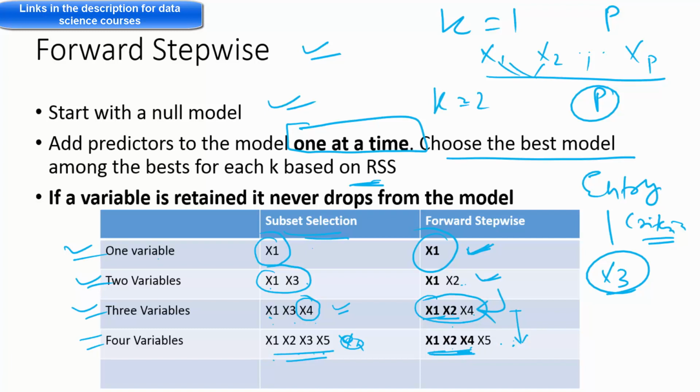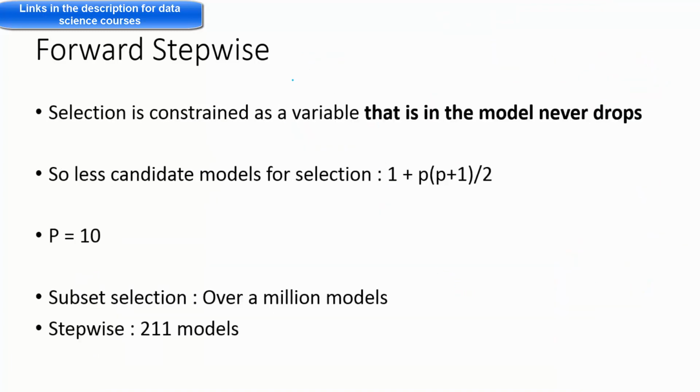So here the three variable model is just a subset of the four variable model. Second, the two variable model is a subset of the three variable model, and the one variable model is just a subset of the two variable model. So that's the difference. Slightly confusing, but when we actually do it, it is going to be clearer.